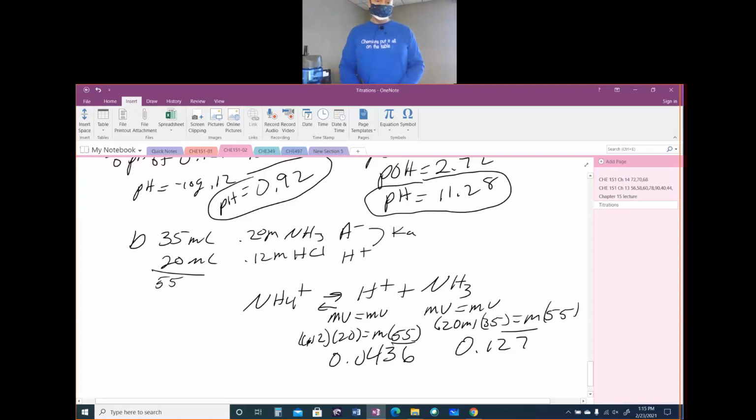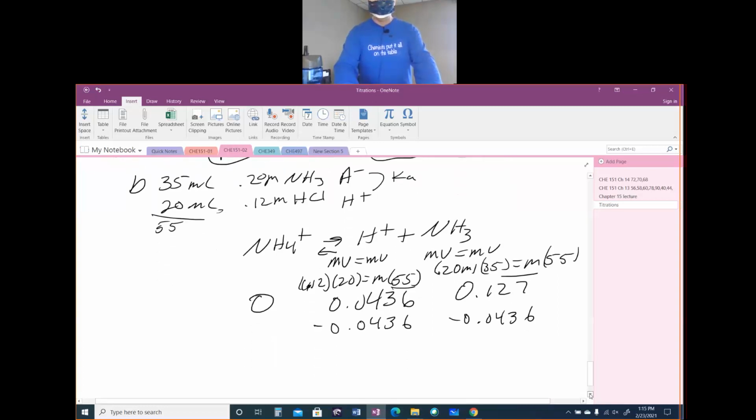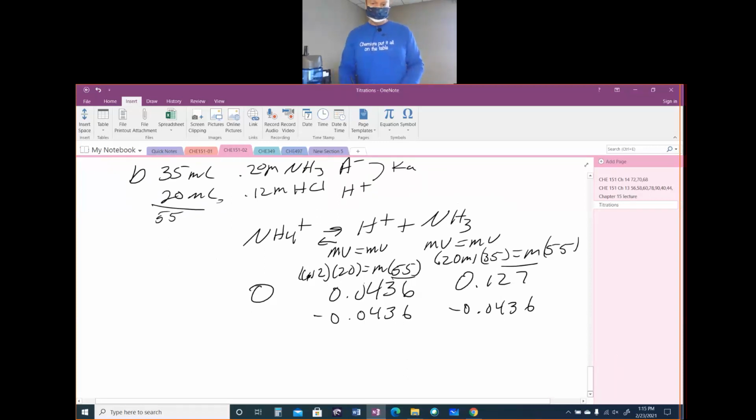All right, and then this NH4 plus is 0. So you see that the 0.0436 repeating is smaller than the 0.127. And so we subtract 0.0436, and that gives one of them to be 0, and the other one has a number. All right, and so we subtract it on that side.